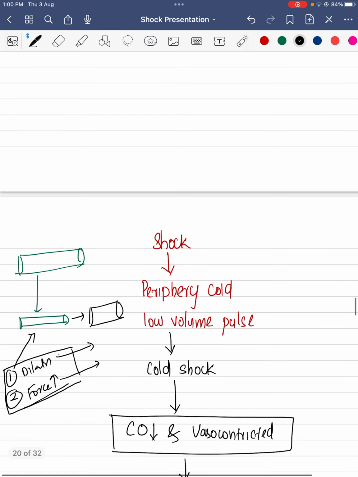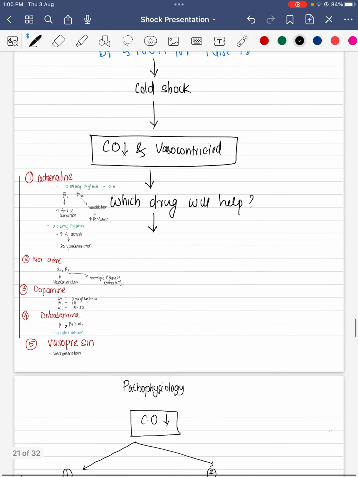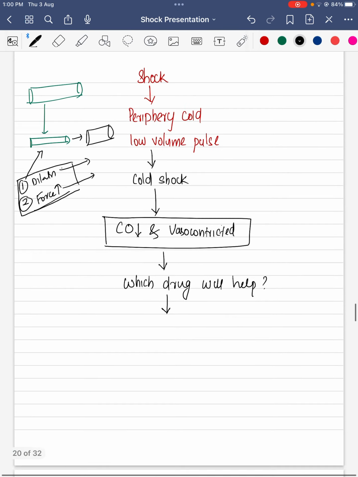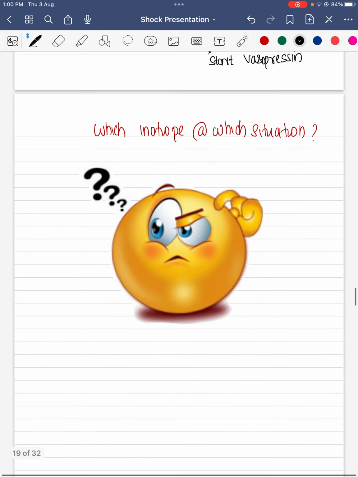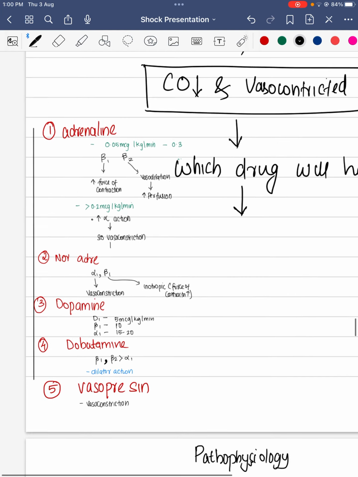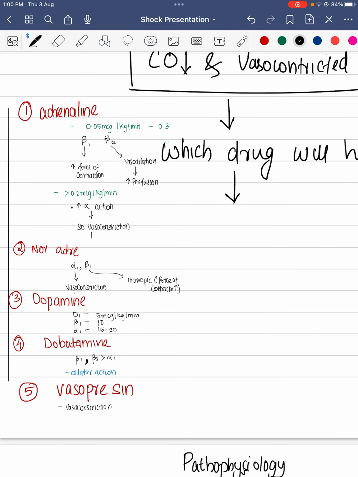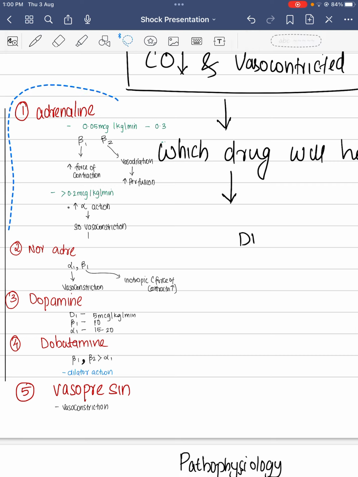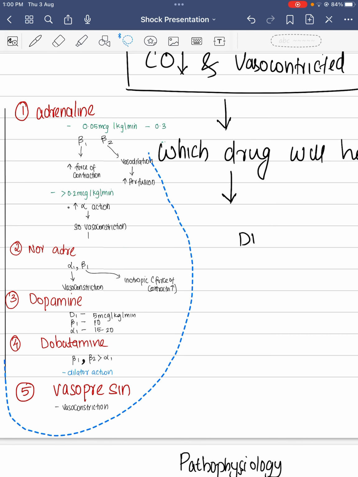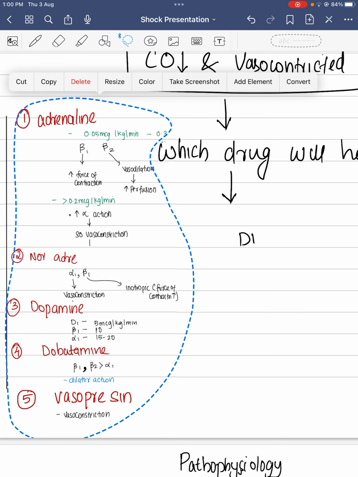Now let us see from this group of drugs which one is a dilator. I will show a small picture. From here you already studied the 5. Our target in a cold shock is, I will copy paste this to that side, so it will be easy for the discussion.